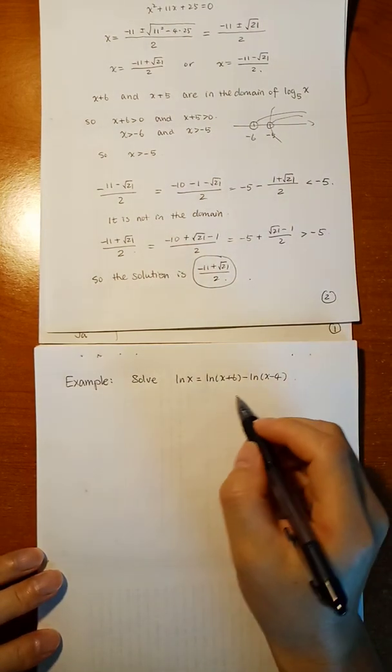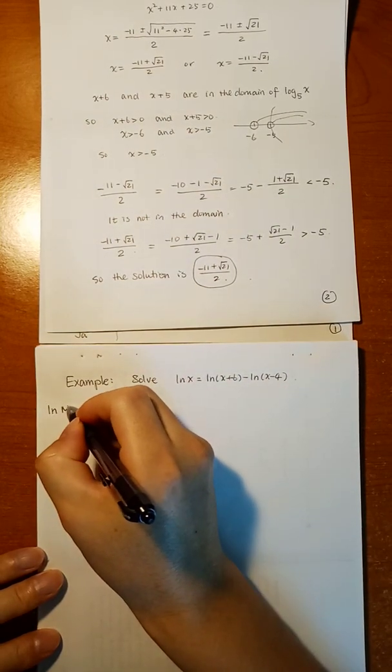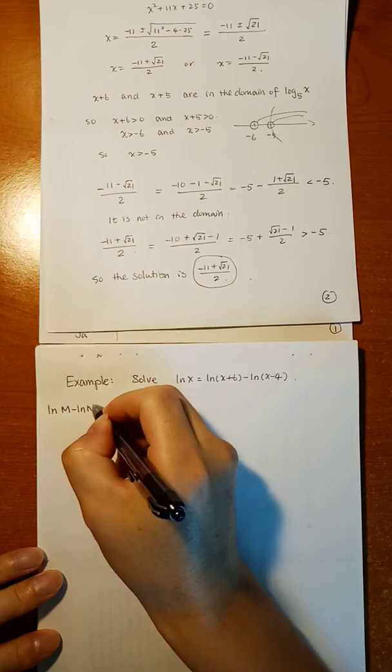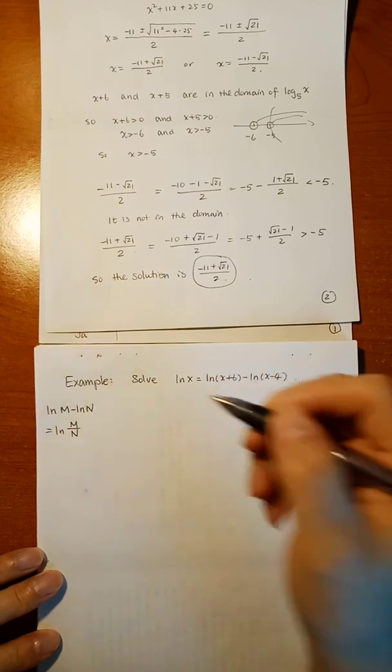Okay, so the natural log of m minus the natural log of n is equal to the natural log of m over n.